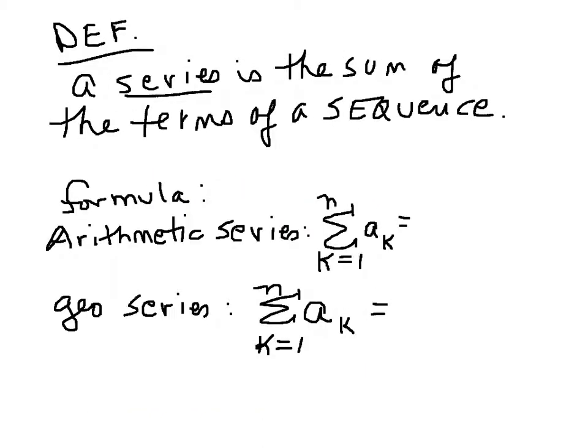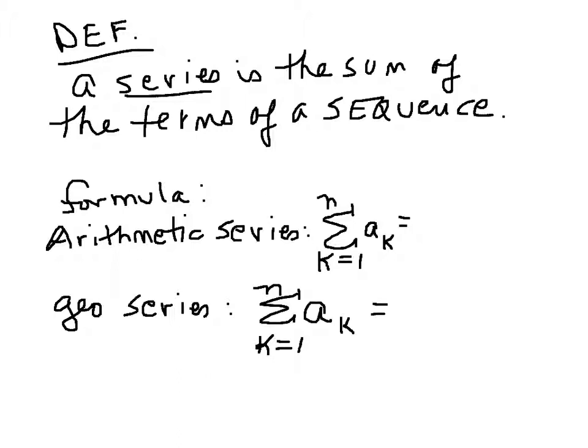Well, I'm sure you've heard of series as well, and a series is defined to be just the sum of the terms of a sequence. So whereas a sequence is a function, a series is simply a number. And there are some formulas for these that you should expect to remember and probably have seen. I won't prove them for you, but they're easily proven.